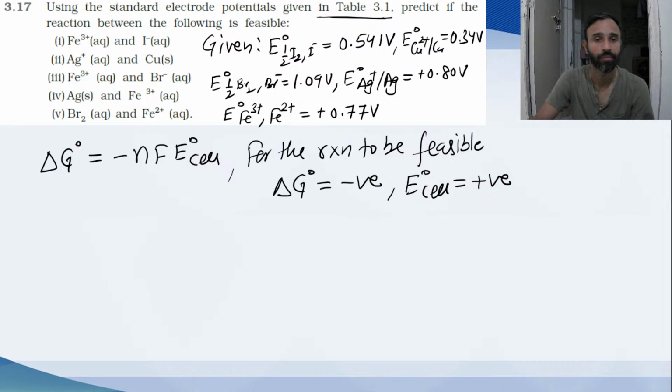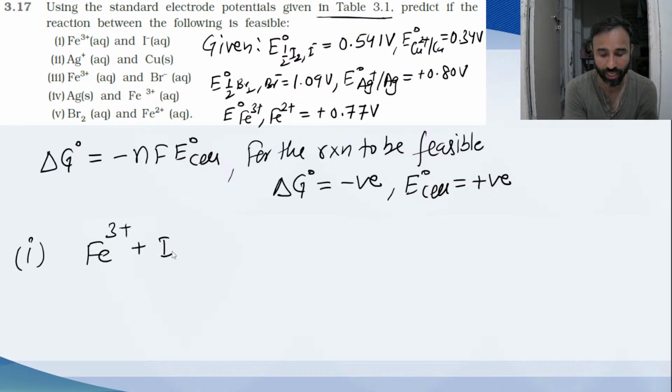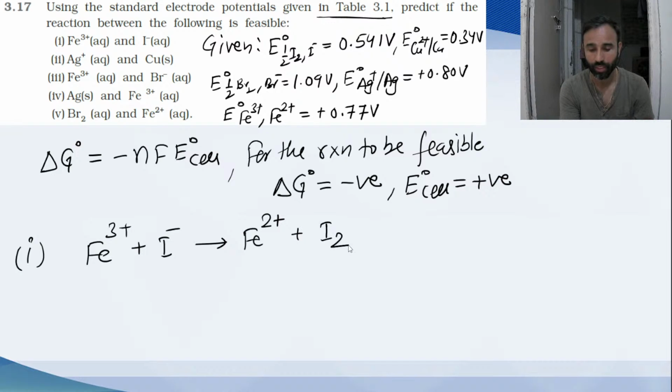So just do it for the first pair, Fe3+ and I negative. Fe3+ is converted into Fe2+, and I negative into I2, let us say half I2.